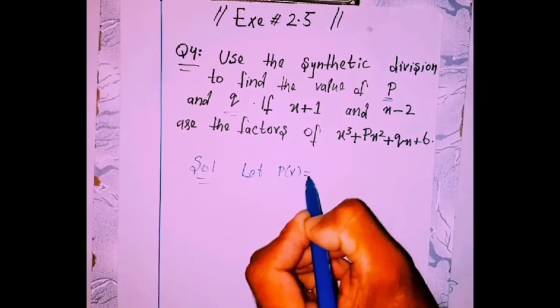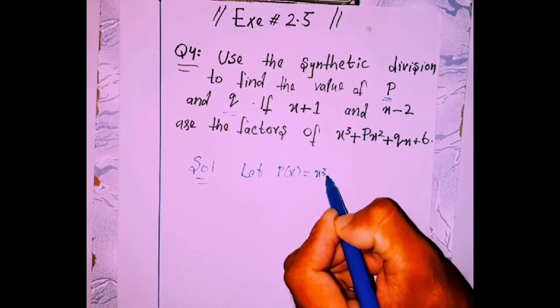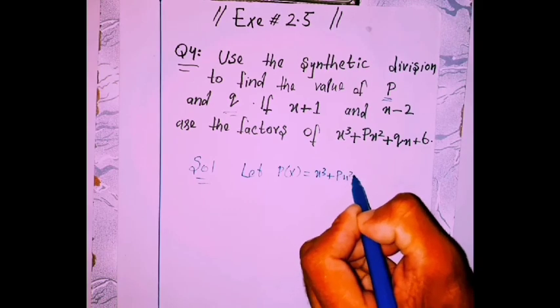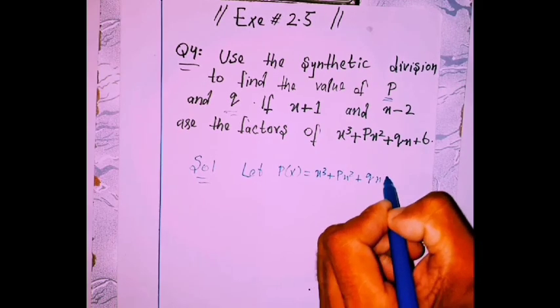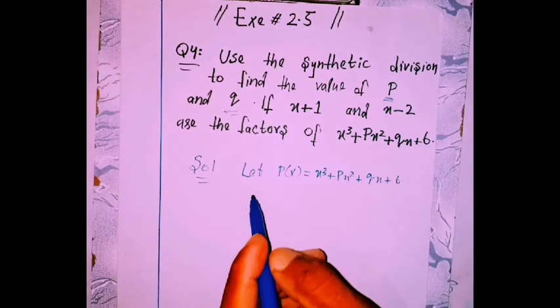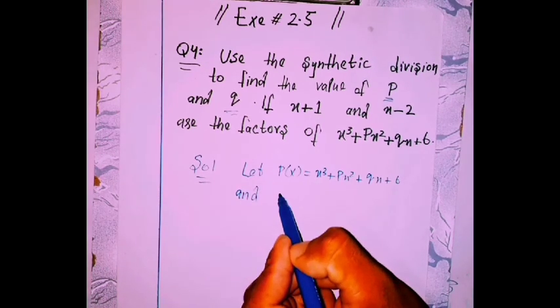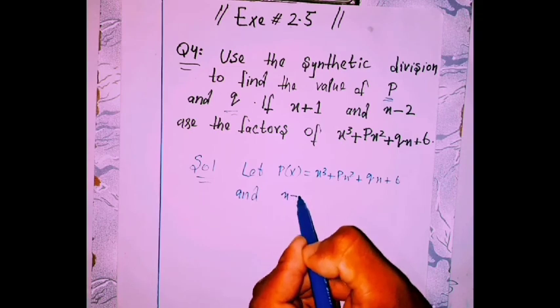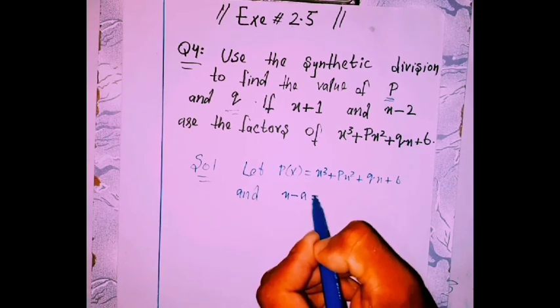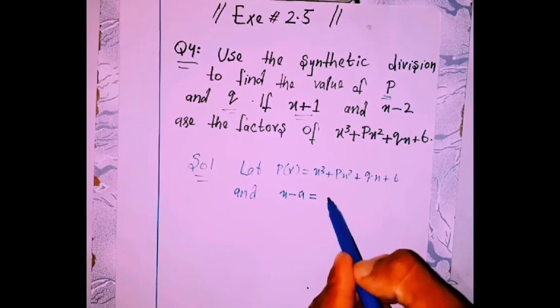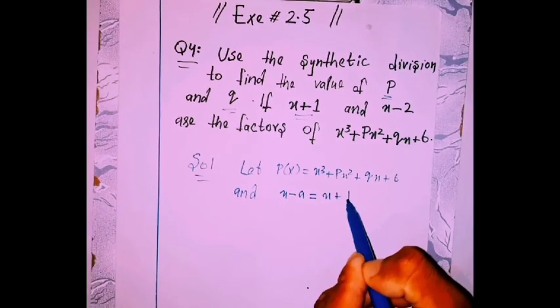So let p of x be the polynomial which is x cube plus px square plus qx plus 6, and we can write x minus a is equal to x plus 1.